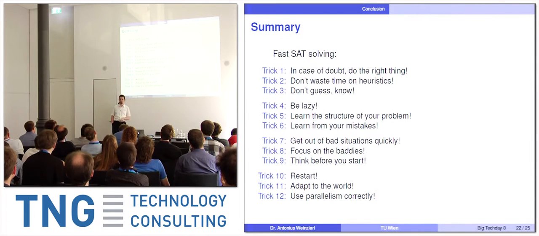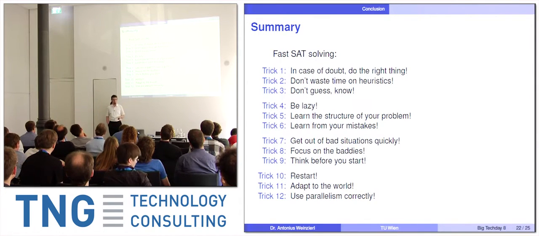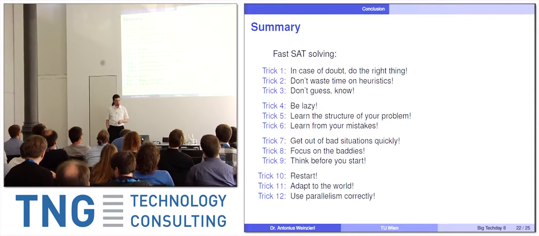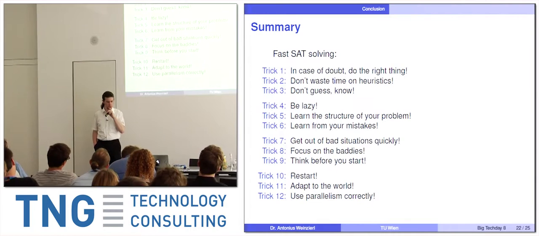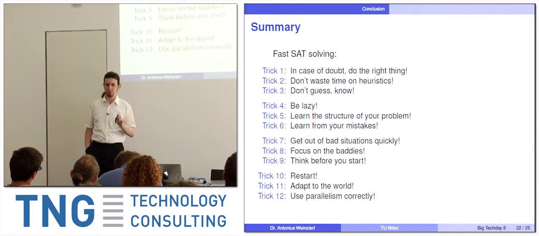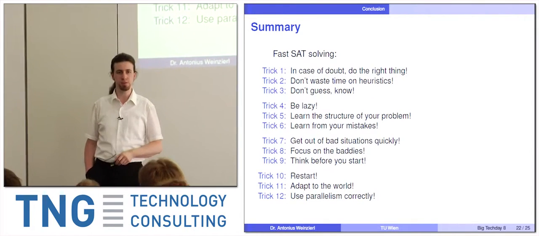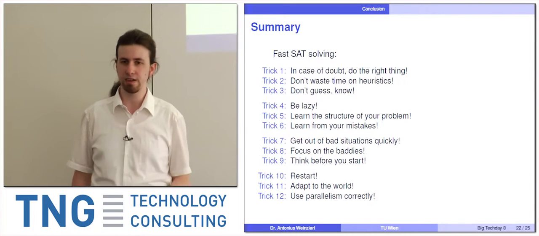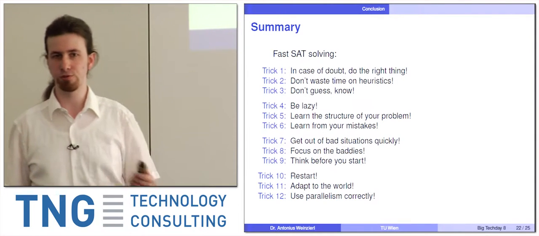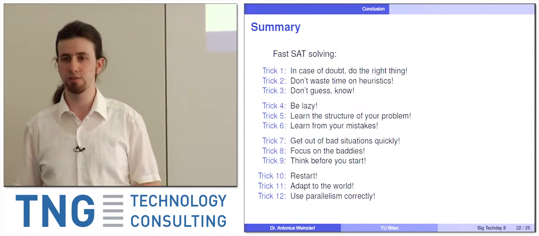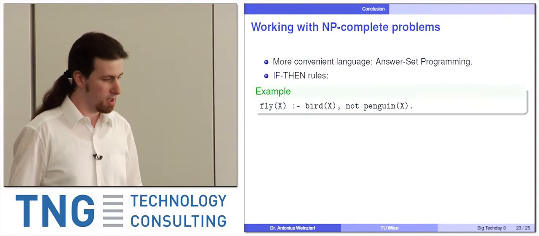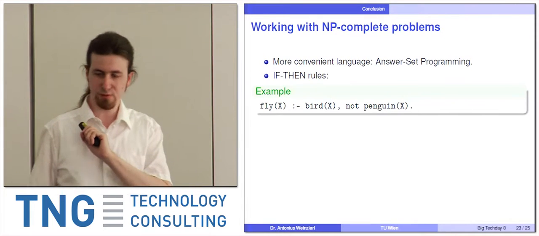Learn from your mistakes. This helps the most. Try to get out of bad situations, but also focus on the bad guys. And before you start, think a little bit. You can make your problem much easier. If nothing helps, do what you always do, just restart and adapt to the world and use parallelism correctly.